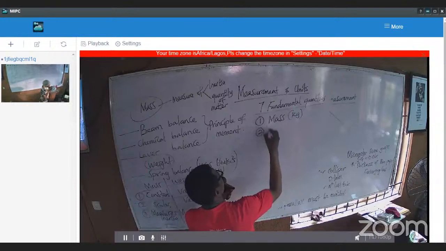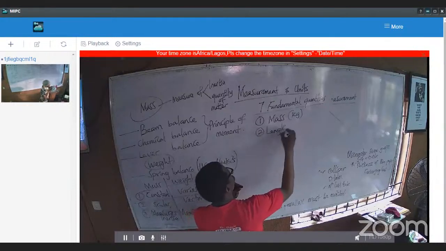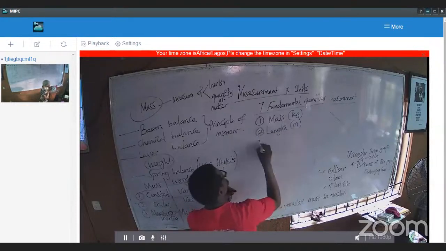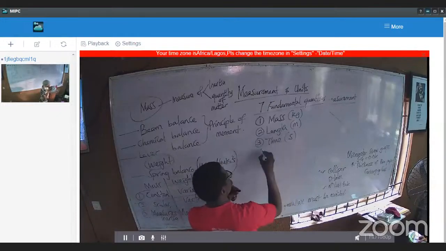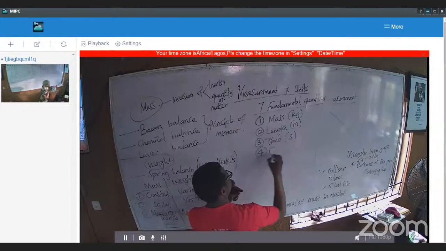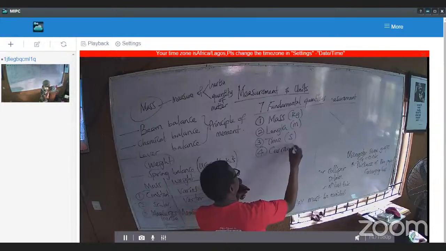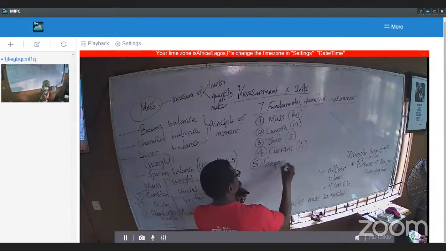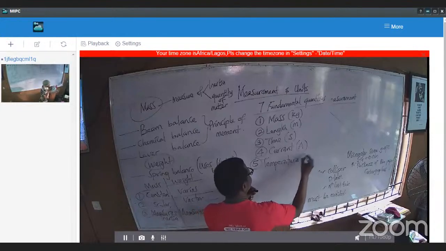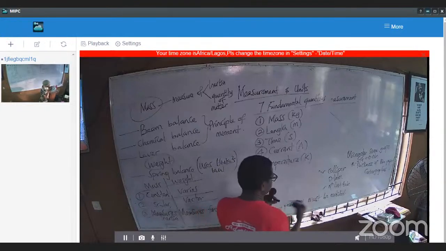Number 2, length, in meter. Number 3, time, in seconds. Number 4, current, in amperes. Number 5, temperature, in Kelvin.